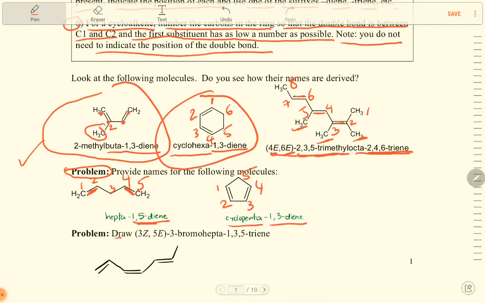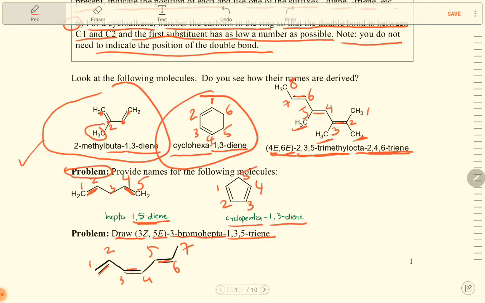Let's draw 3Z, 5E, 3-bromohepta-1,3,5-triene. So remember, we need to draw heptane. So it's 1, 2, 3, 4, 5, 6, 7 hepta. Alright.